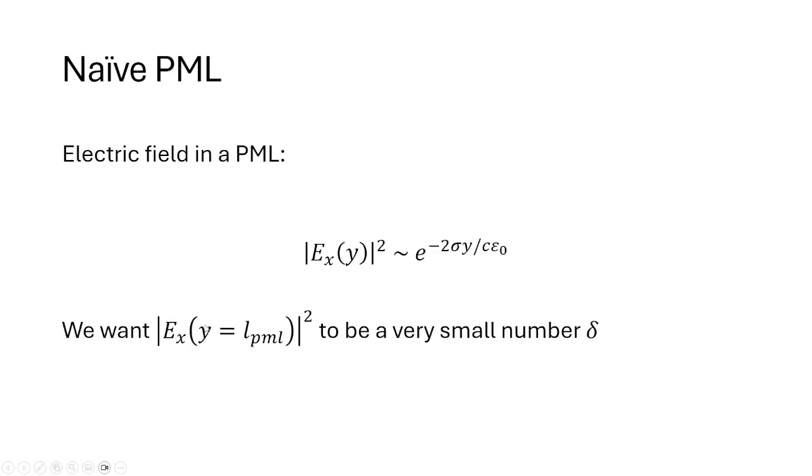Now, we want the electric field, when it reaches the end of the PML, so when y hits L_PML, to be a very small number, and we're going to call it delta. Now, ideally, delta should be 0, but because it's a minus exponential here, it's never actually going to hit 0. It exponentially goes towards 0, but even if you make y as big a value as you want, it will never hit 0. So we need to pick a very small number, and we're going to call it delta.